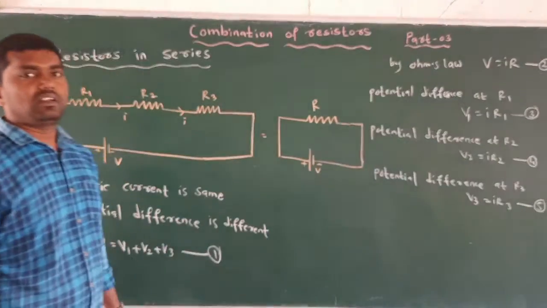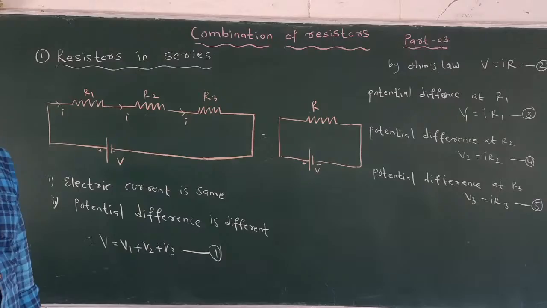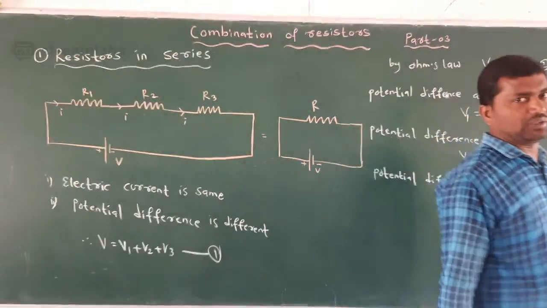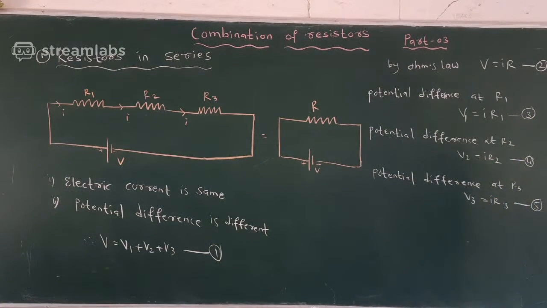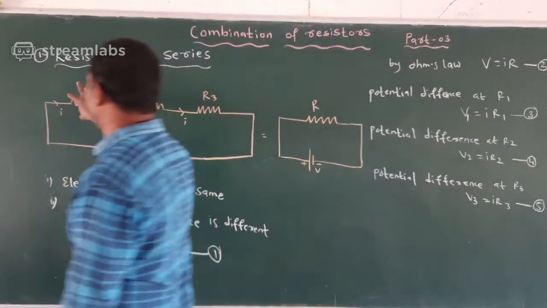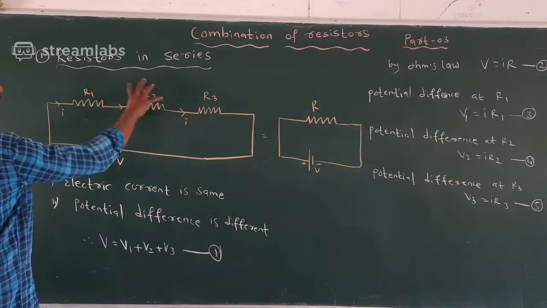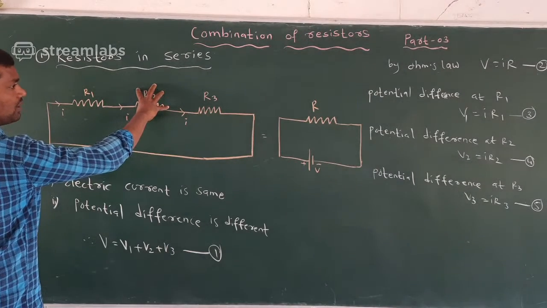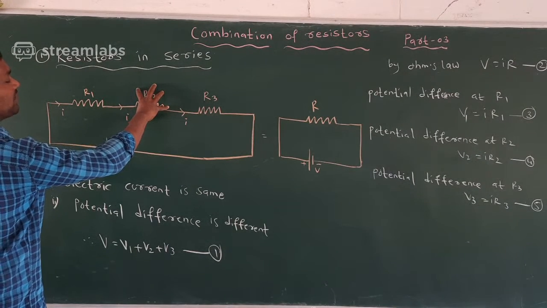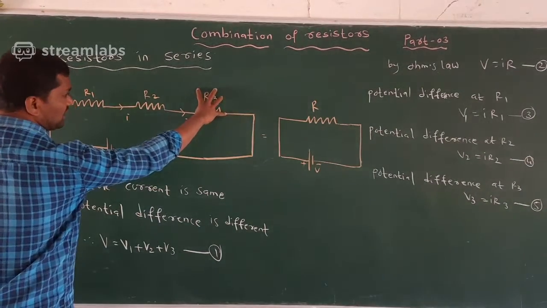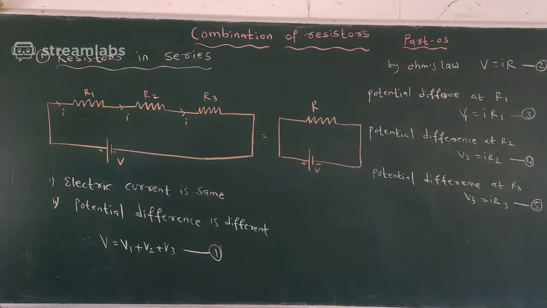So equation number 1, V is equal to V1 plus V2 plus V3. And by using Ohm's law, equation number 2, total potential V is equal to IR. Next, the potential difference at R1, V1 is equal to IR1. At R2, V2 is equal to IR2. Across R3, V3 is equal to IR3. So we can observe these equations.